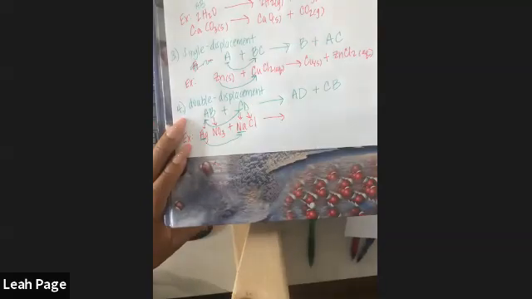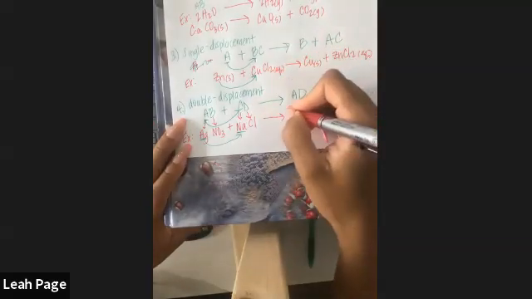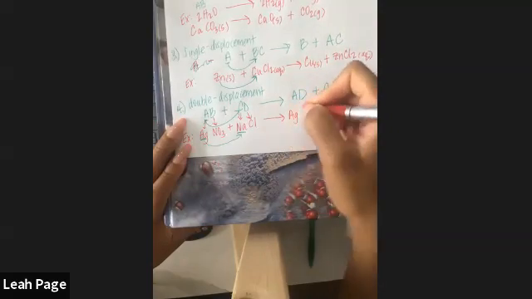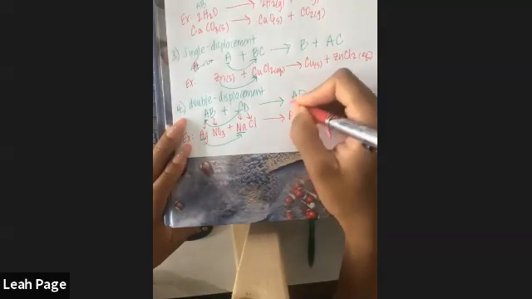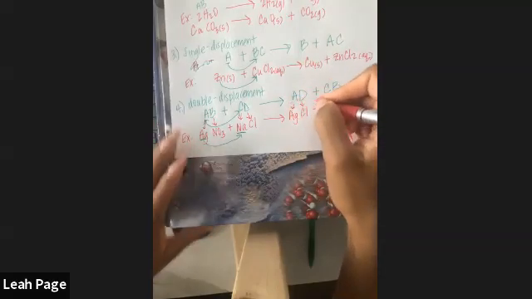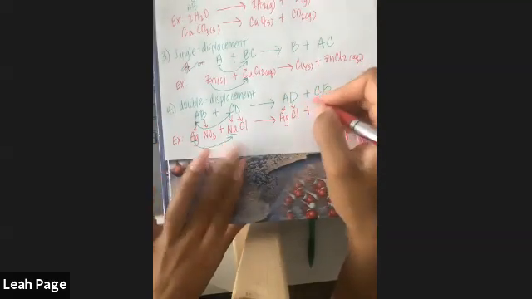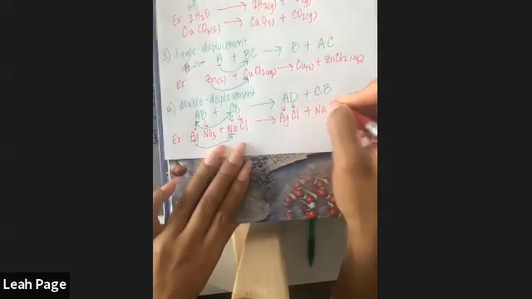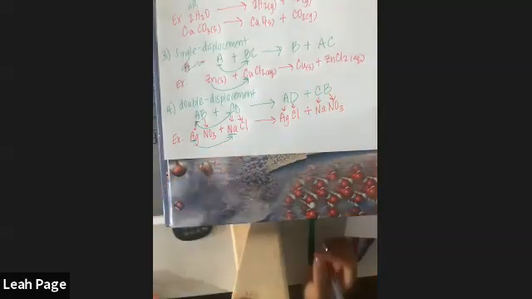So I now have silver going with chlorine, the A and the D together. And then my sodium is gonna go with the nitrate. This is my C, this is my B.